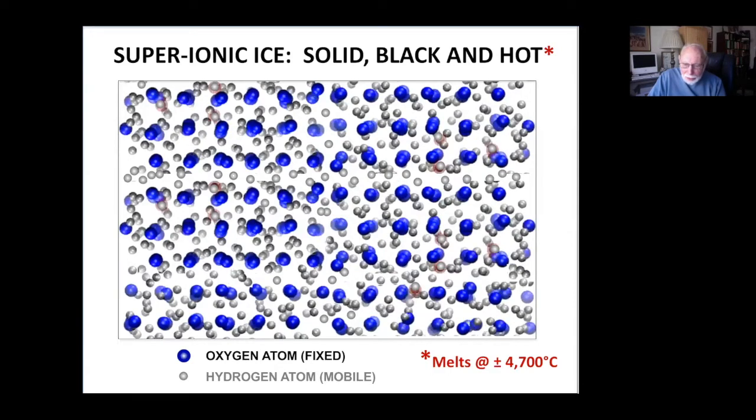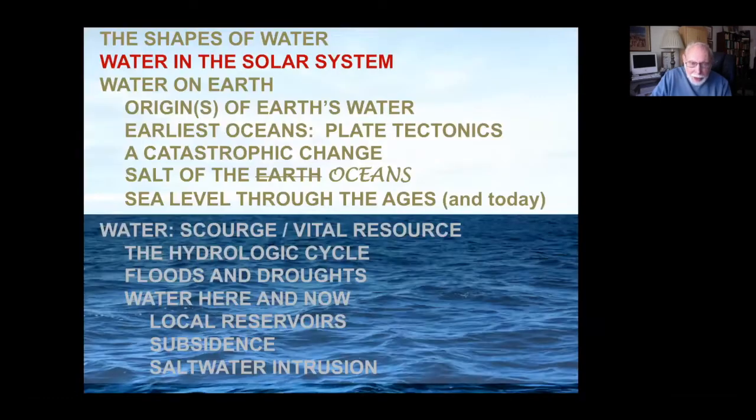It melts at about 4,700 degrees. And the oxygen atoms are fixed, so they don't go anywhere. They're the rigid part of this. But the hydrogen atoms can just move all around. It's a very, very strange form. And it's just one of a bunch of forms that are either theoretical or have been identified for ice in its different forms.